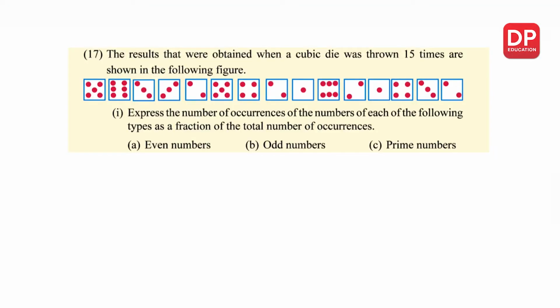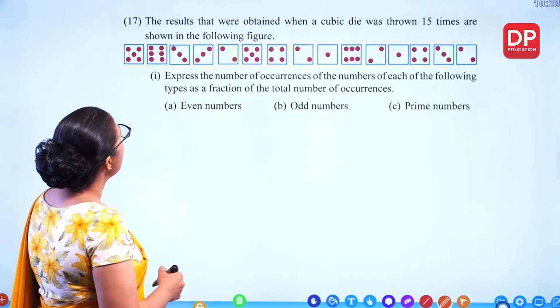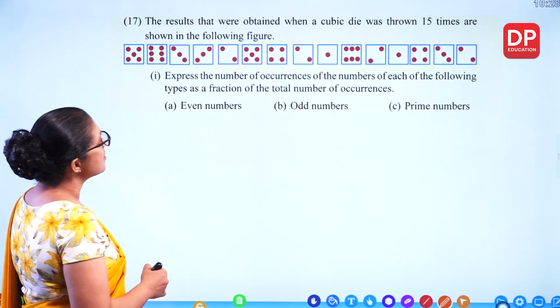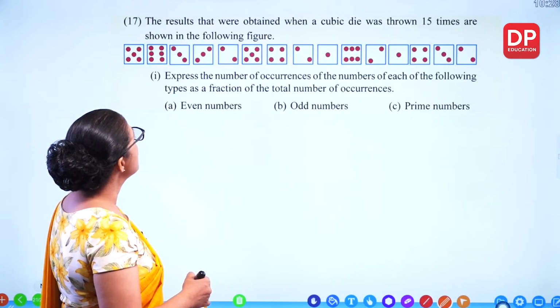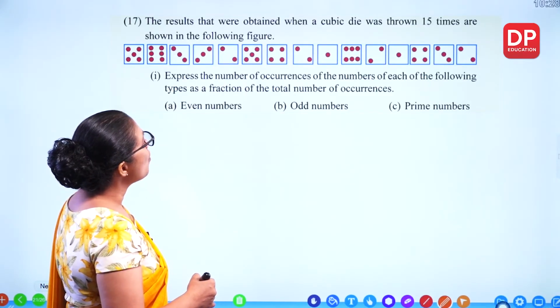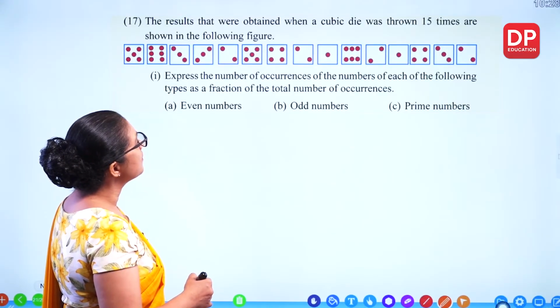Look at this question. The results that were obtained when a cubic die was thrown 15 times are shown in the following figure. Express the number of occurrences of the numbers of each of the following types as a fraction of the total number of occurrences.